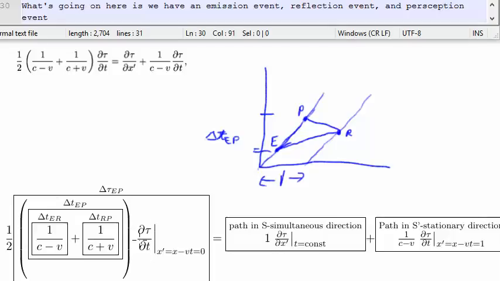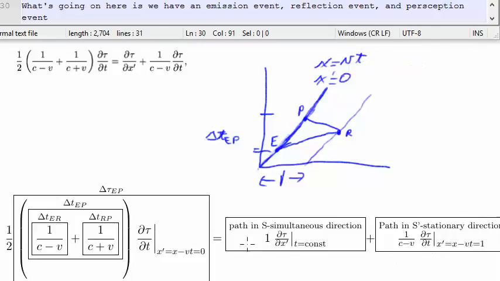So when you have a partial derivative, it corresponds to something being constant. In this case, the thing that is held constant is x prime. X prime is 0, but that actually represents this line, x minus vt is 0. And this represents the line x equals positive vt. I'll write it as x equals vt.